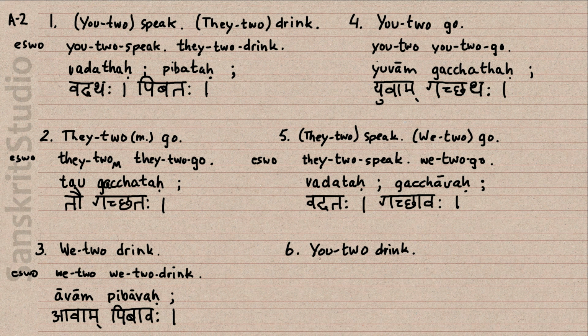And now to number 6, you two drink. And we see here that we have an explicit pronoun expression in the English. So on our eswo line, we have you two as a separate Sanskrit word coming up, and you two drink.